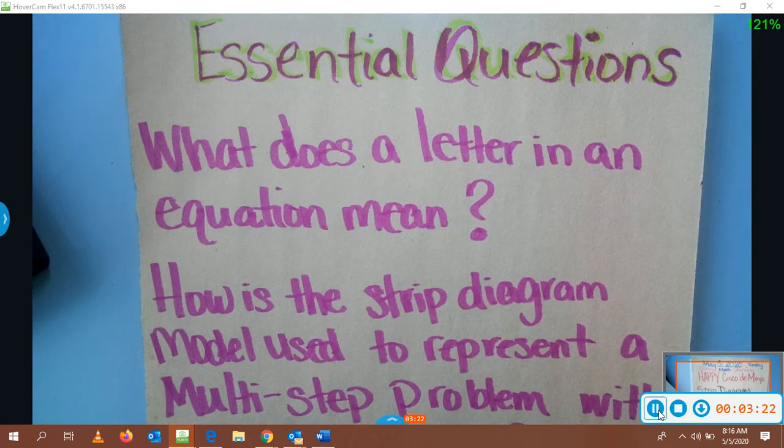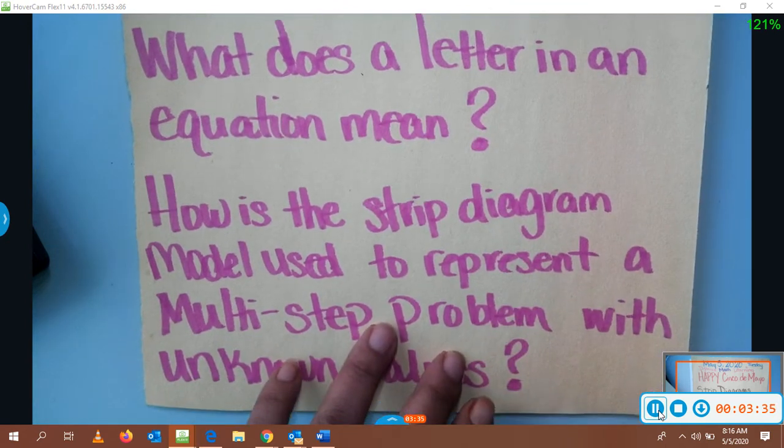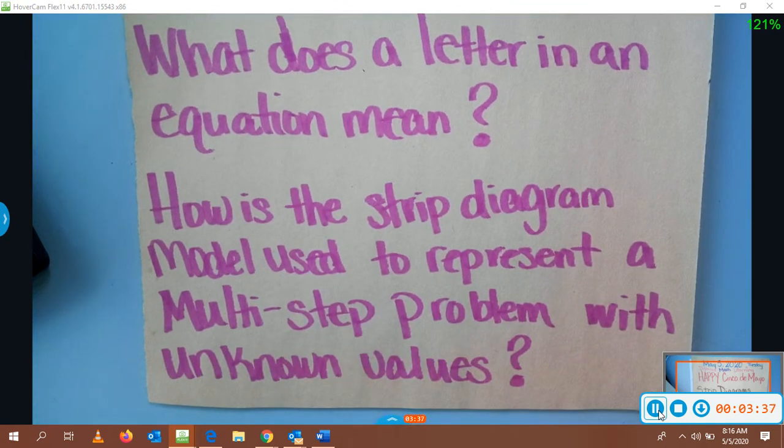Remember we talked about solving for the unknown? Well, it has a lot to do with that. I will answer the question, by the way, during the lesson. How is the strip diagram model used to represent a multi-step problem with unknown values?